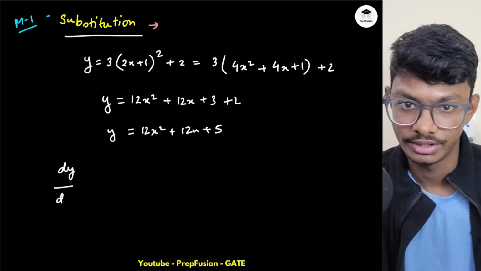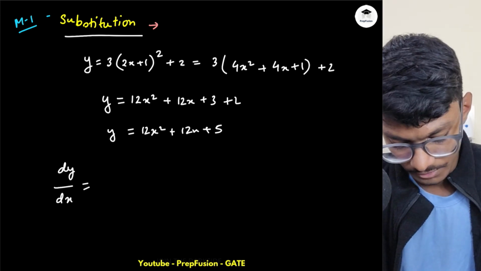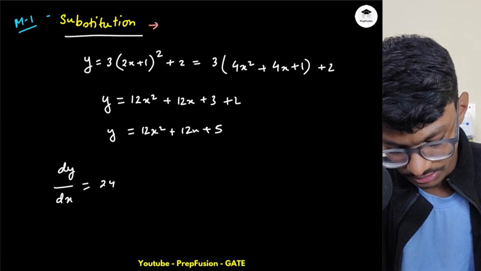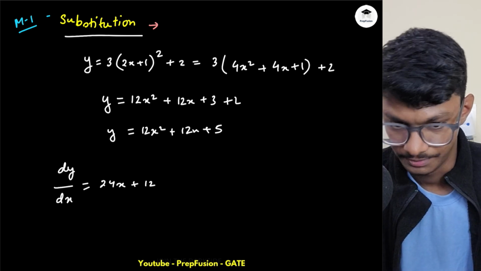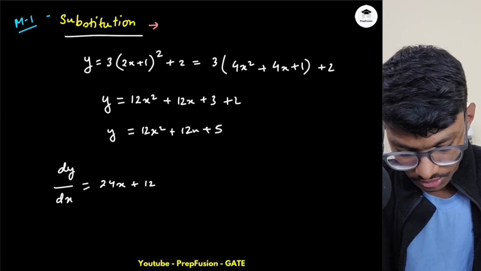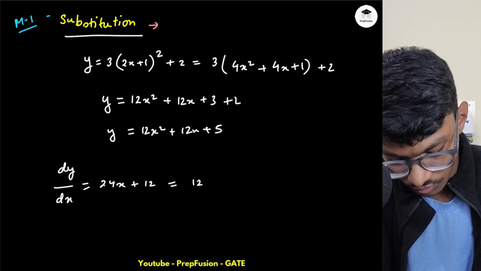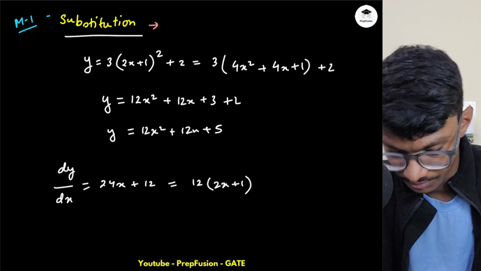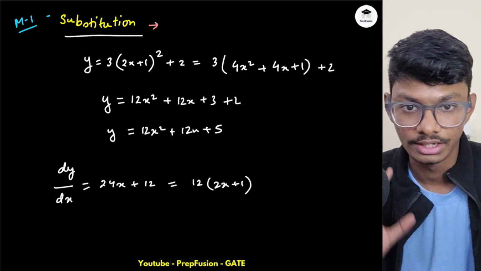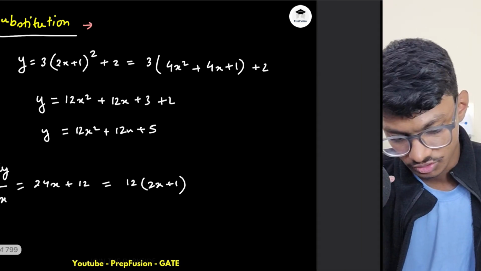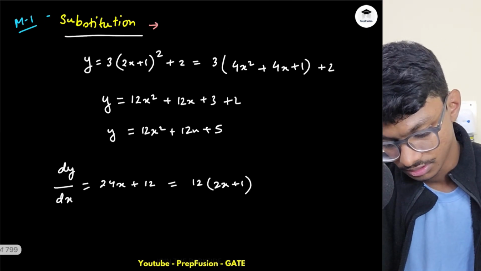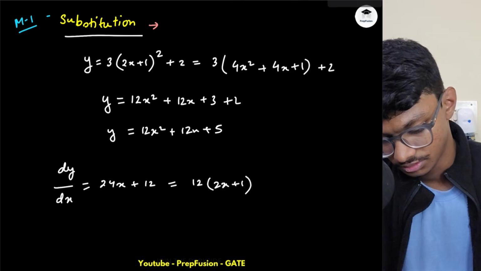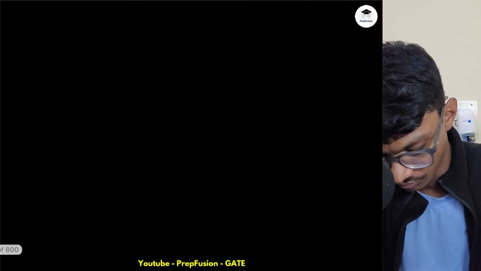My dy upon dx will be 24x plus 12. If I take common 12, this will be 2x plus 1. So this will be my dy upon dx. So this is substitution. Now let's solve using the chain rule.